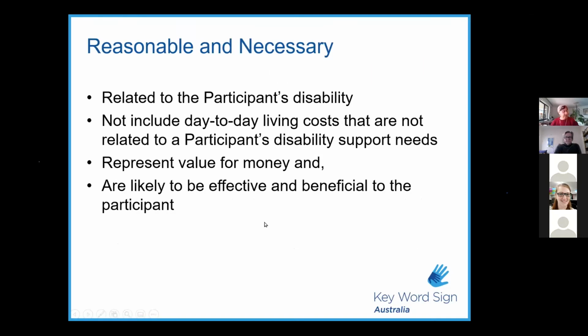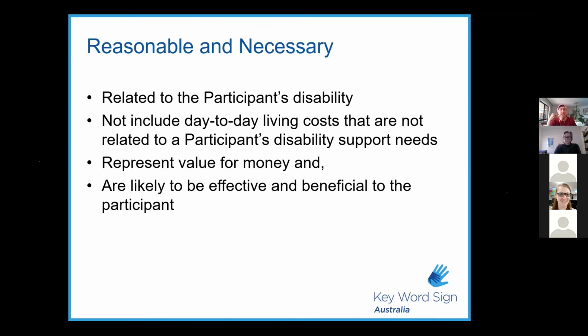So if you are familiar with the NDIS in any way, you will understand that there's a lot of talk about what's reasonable and necessary, and it's actually proved quite challenging for the NDIS to get their head around that. But the bottom line is it's important that you make the case for things being reasonable and necessary, because they won't be included in plans by the planner unless you are able to make it clear that they fit those criteria.